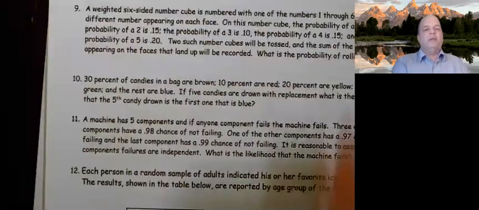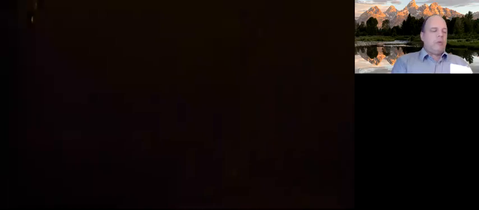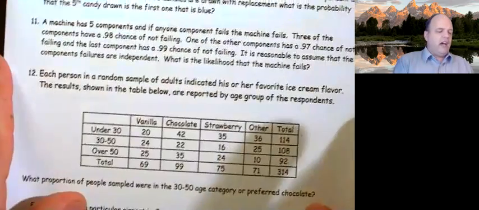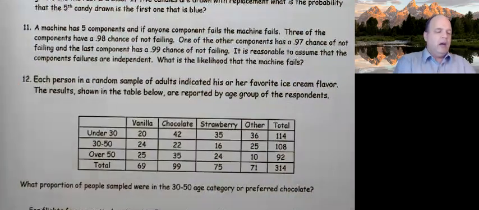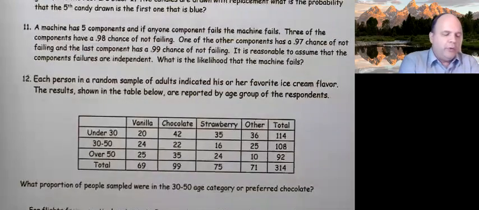Okay, so number 9. A weighted 6-sided number cube is numbered with one of the numbers 1 through 6, with a different number appearing on each face.